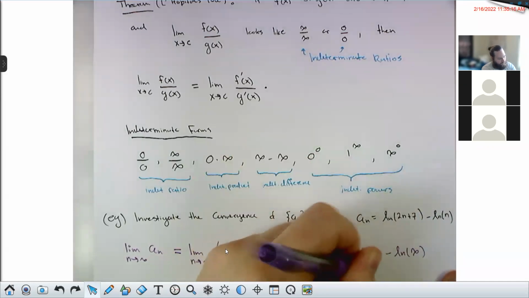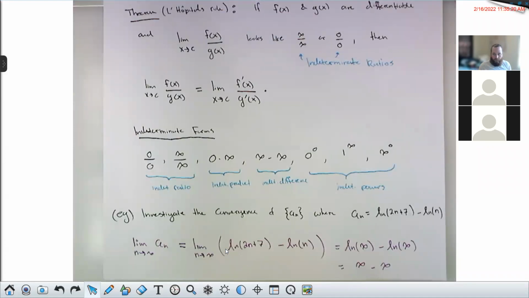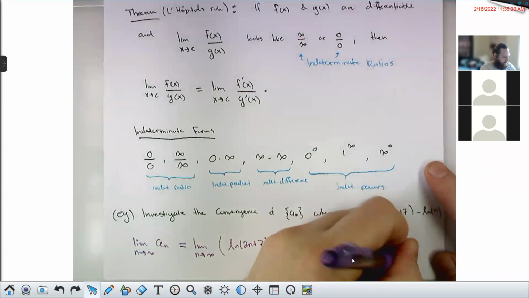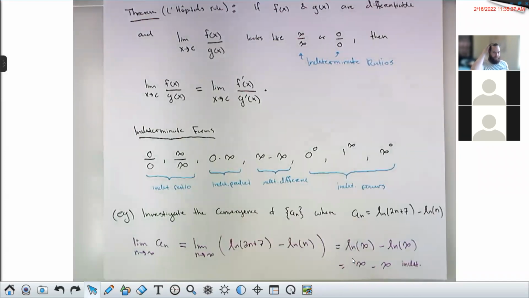And that is infinity minus infinity, right? We talked about limits of the natural log function when we were talking about improper integrals. So this is an indeterminate difference. This is infinity minus infinity. It's indeterminate.